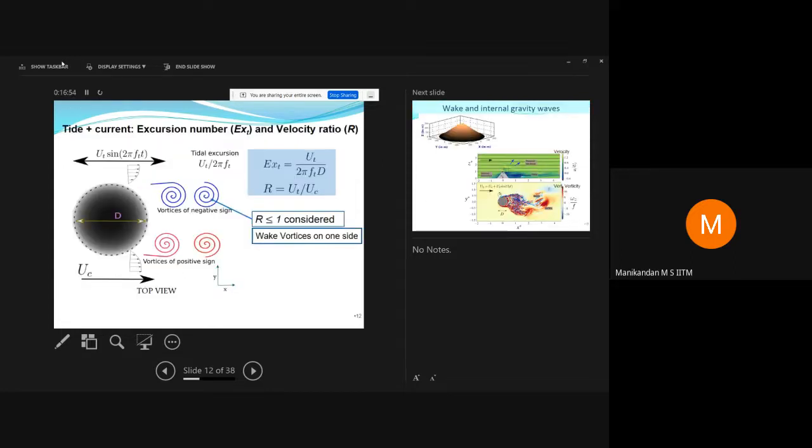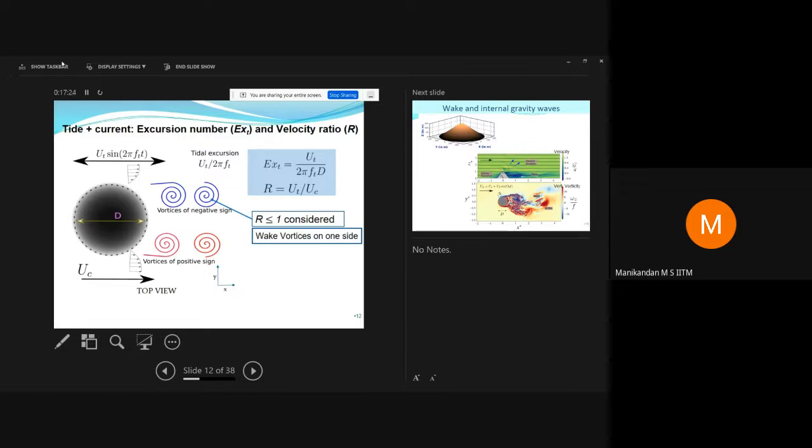Okay, so here's the conceptual model. You've got the tide going back and forth, and let's take just one horizontal plane for illustration. You have vortices coming out, separating from the negative side, and vortices from the positive side. I'm going to take R, which is U_T over U_C, the tidal velocity amplitude divided by U_C, to be 1.